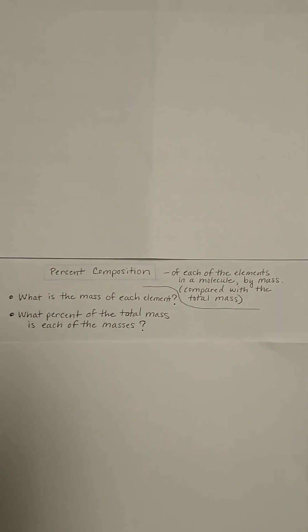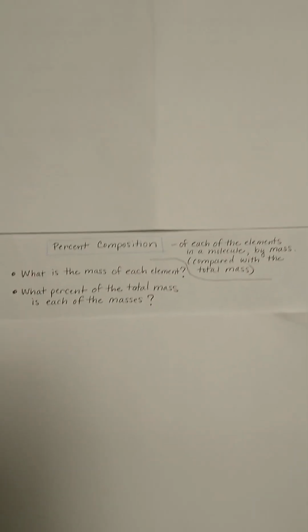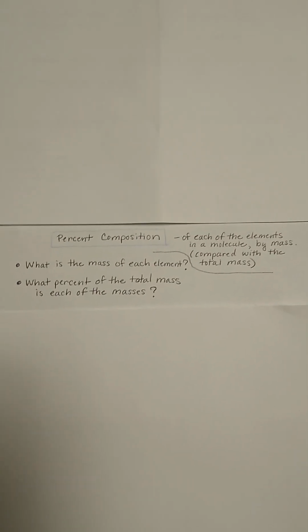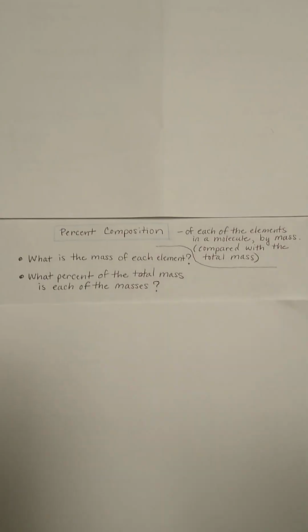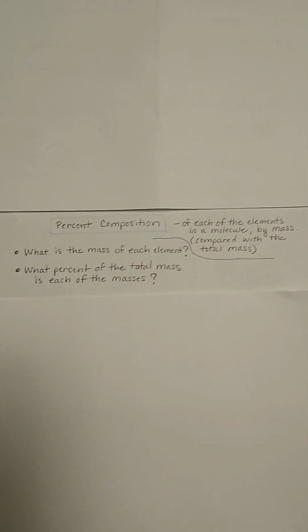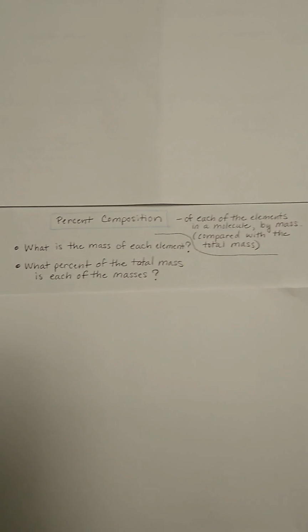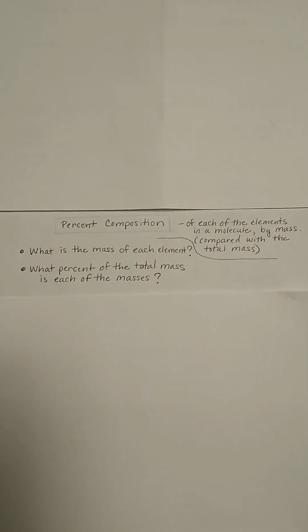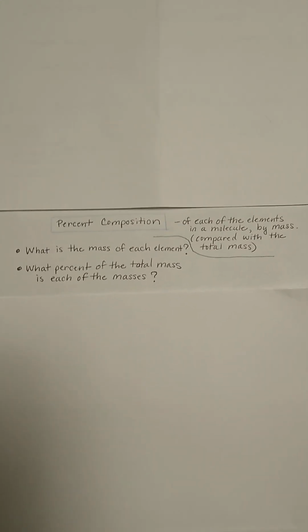Okay, the second new term that we're going to talk about is percent composition. And then later we're going to do an example combining both of the terms to figure out an empirical formula. So percent composition, you're familiar with this.